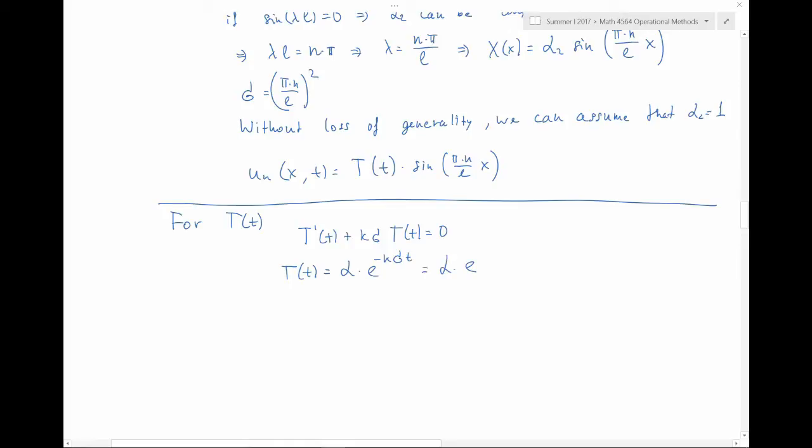Given that sigma is the square of pi n over L, we're just going to write it this way. It's minus kappa times pi n over L squared times t. Again, without loss of generality, we can assume that this constant is 1.